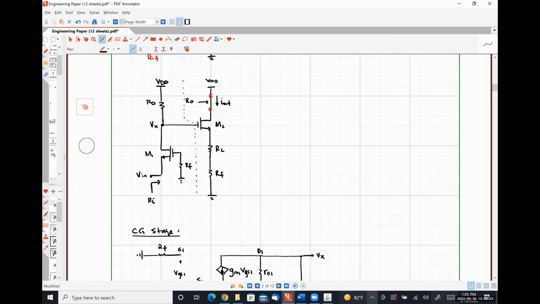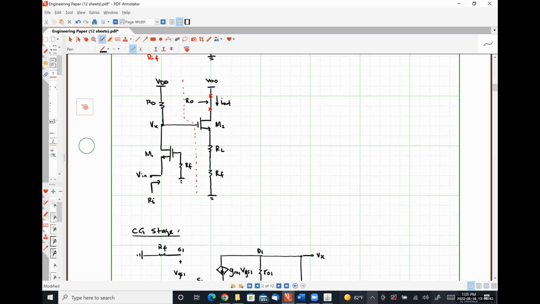Now let's look up here at what's going on in our second stage. Right? So I have my input signal Vx. I have my drain tied directly to ground.